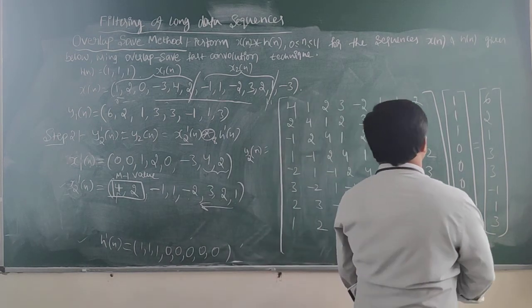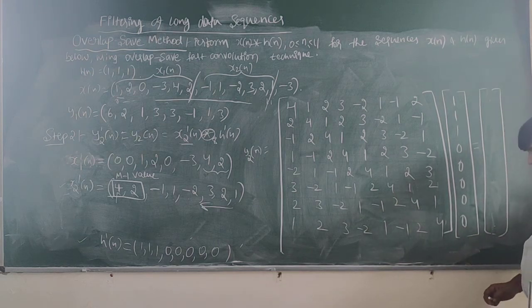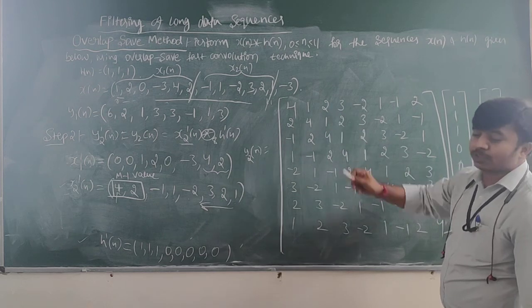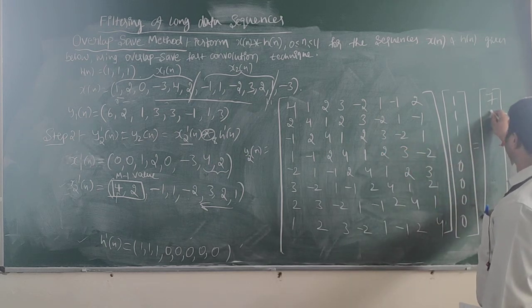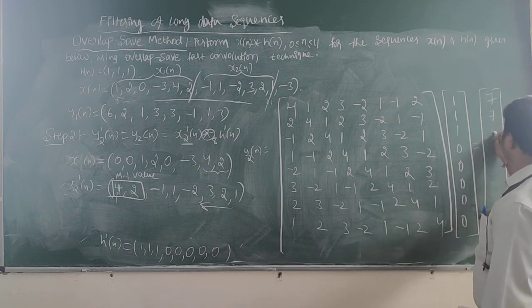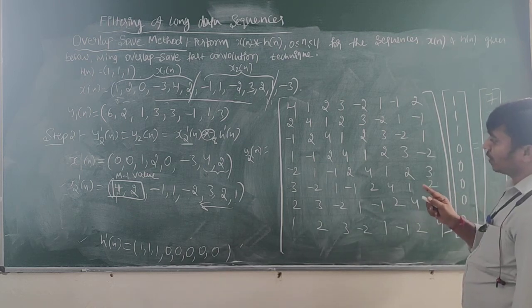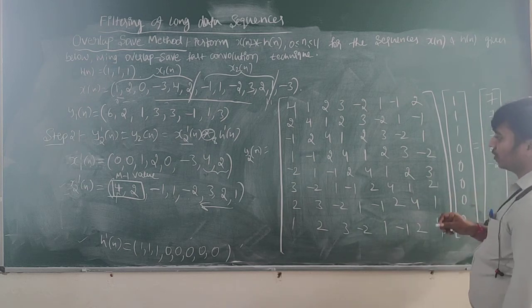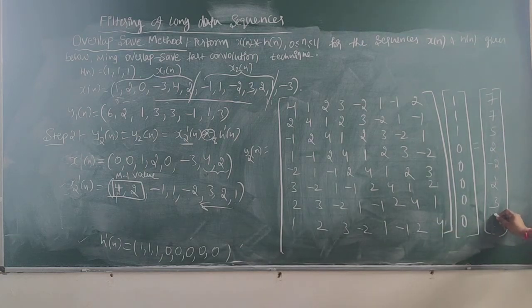This h dash of n is the same, and we multiply. Multiplying these two matrices, I get 4 plus 1 is 5, 5 plus 2 is 7, 2 plus 4 is 6, 6 plus 1 is 7, minus 1 plus 2 plus 1, 1 plus 4 is 5, 1 minus 1 is 0, 0 plus 2 is 2, and so on.